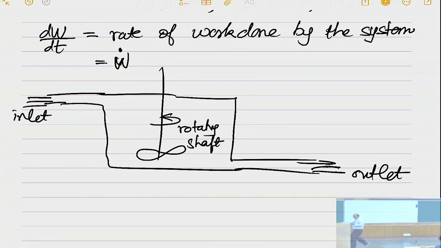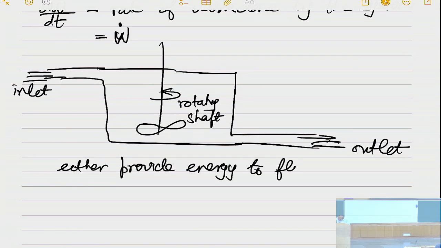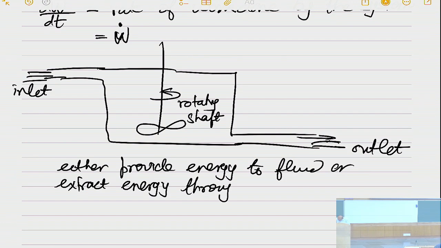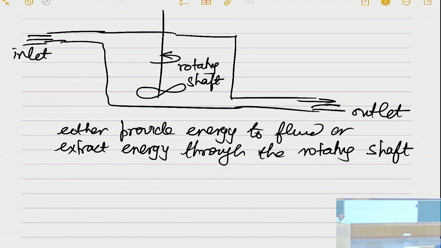So we either provide energy to the fluid, or extract energy through the rotating shaft, and this is what we say.